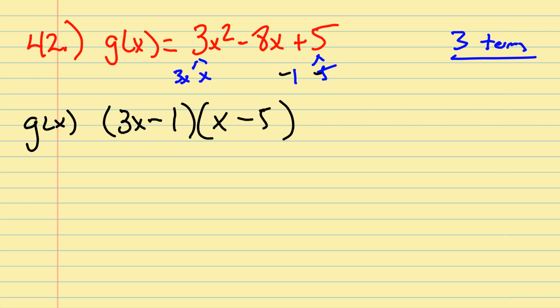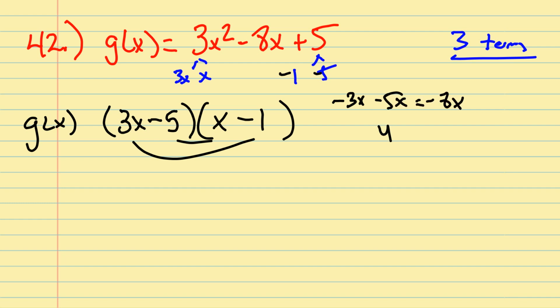So now I'm just going to flip the 1 and the 5. And I get minus 3x minus 5x is minus 8x. Now remember, intercept form is a times x minus p times x minus q. I'm not allowed to have the 3 there.